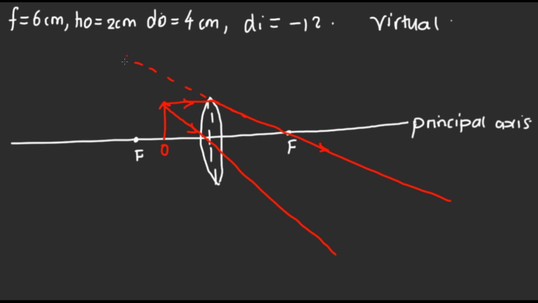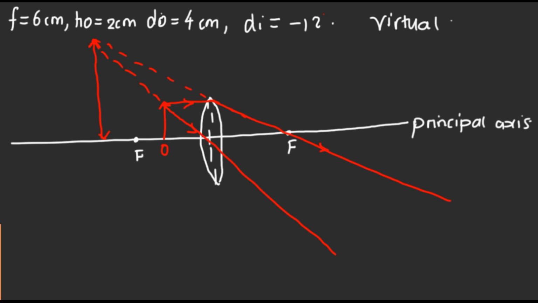The reason it's dotted is that in actual sense it's not real, it's just imagined. If we draw backward, the rays of light seem to meet at this point. So this is now our image, and it's virtual because it is on the same side. We have seen that the calculation has agreed with the diagram.